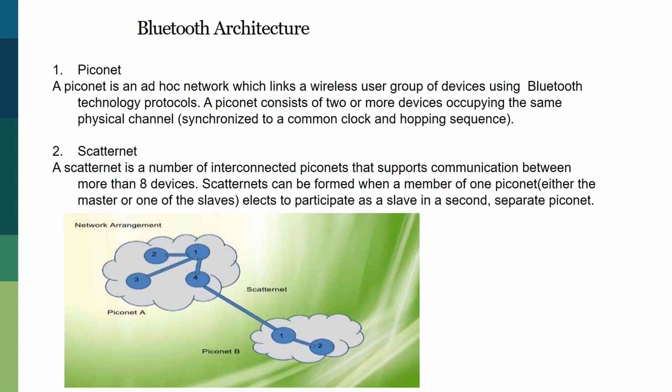This works on a principle called master and slave. There is one master, and you can have up to 7 slaves. A scatternet connects different piconets together. These are the two important terms you need to understand in Bluetooth architecture: the piconet as well as the scatternet.